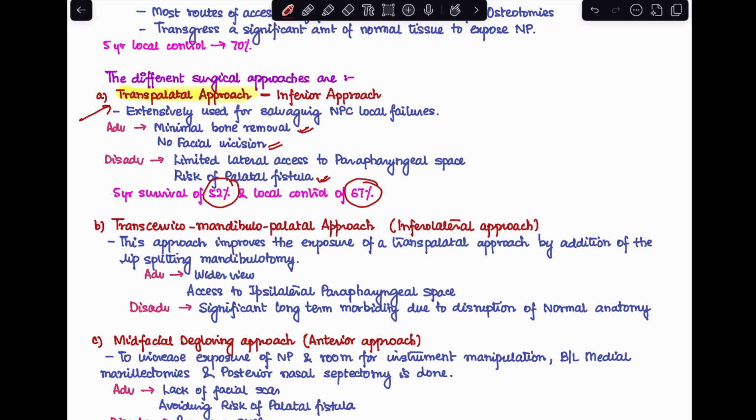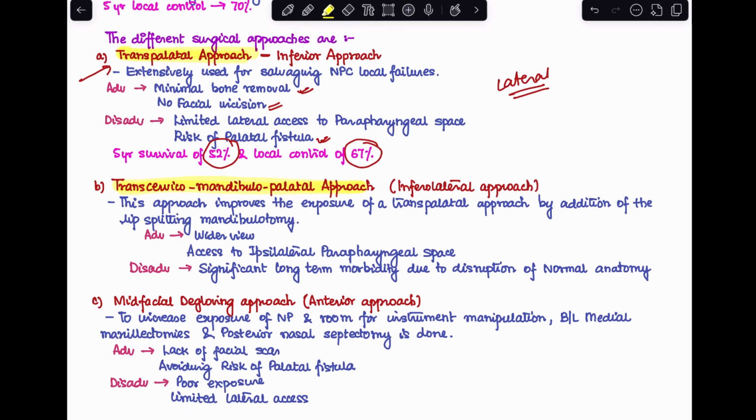Now we learned how the disadvantage over here is we have limited lateral access to the parapharyngeal space. To improve that, we have another approach which is an inferolateral approach. This is the transcervicomandibulo-palatal approach. So what we are doing here is that to the transpalatal approach, whatever exposure we are getting from it, we are adding a lip splitting mandibulotomy.